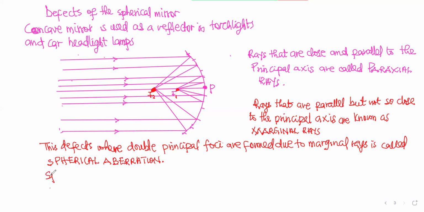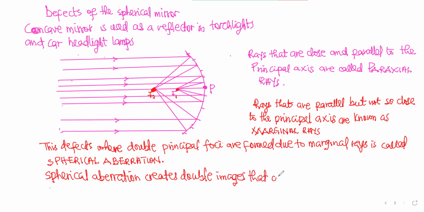So spherical aberration creates double images that are blurry and indistinct.